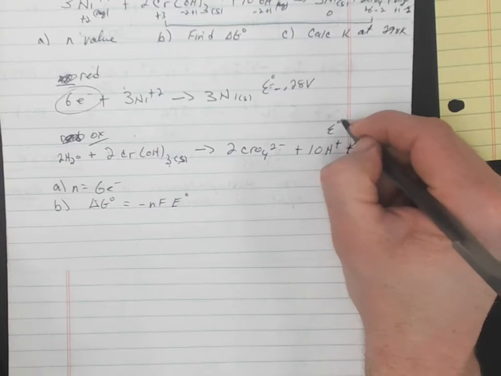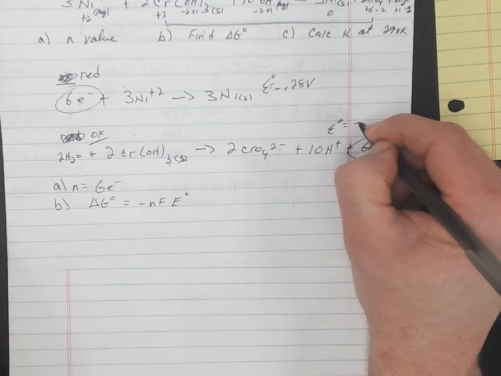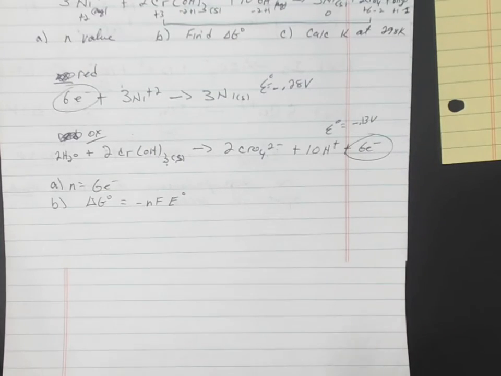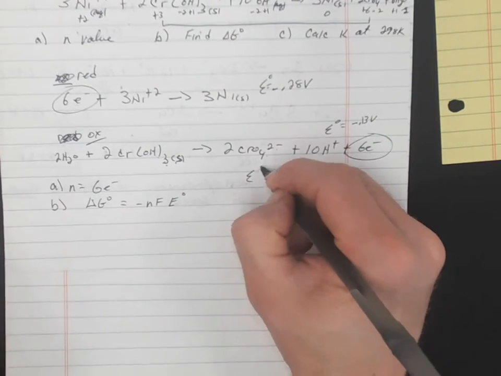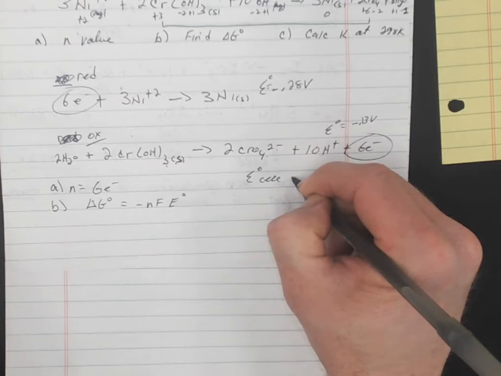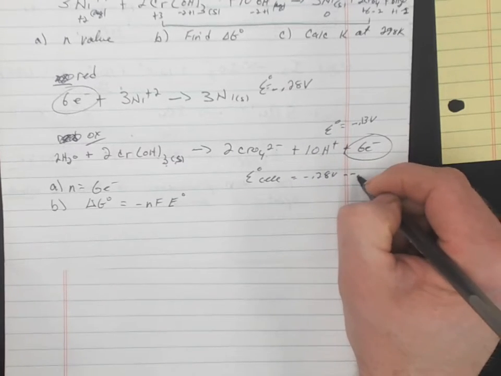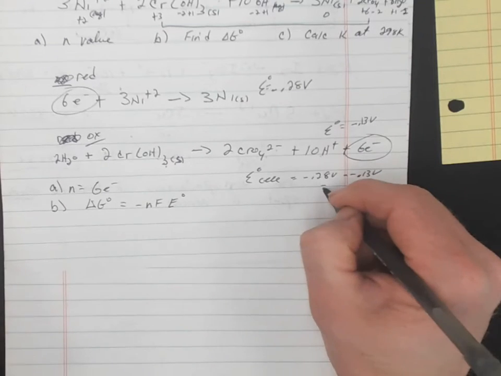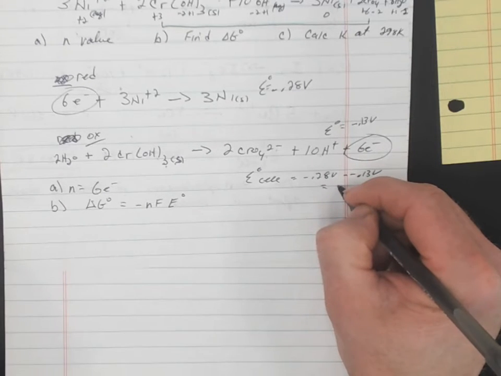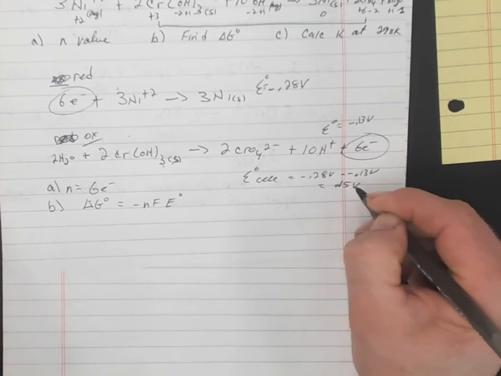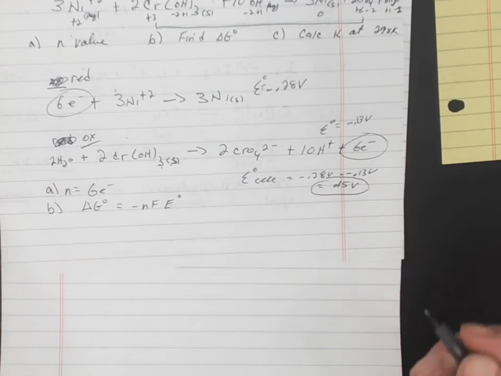This E naught value is equal to -0.13 volts. So to find our E naught for our cell, we take -0.28 volts, subtract out -0.13 volts, and we end up with -0.15 volts for our E naught value.